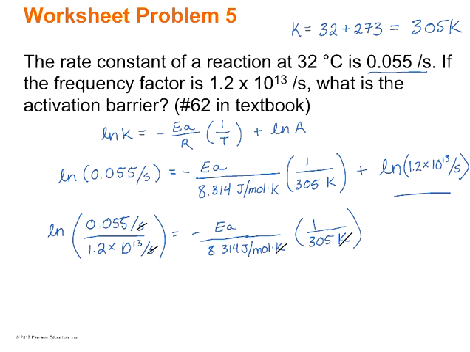So on the left-hand side, we should get a value of negative 33. And on the right-hand side, if I take 1 over 305 and then multiply that by 1 over 8.314, I get a value of 0.000394, and that is in, let's see, moles per joules. So that's going to flip the units there.